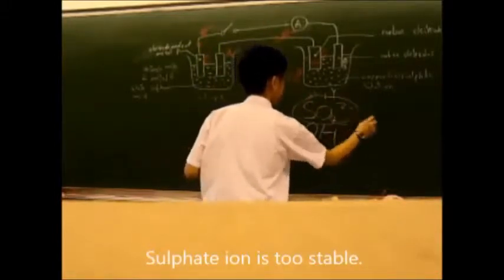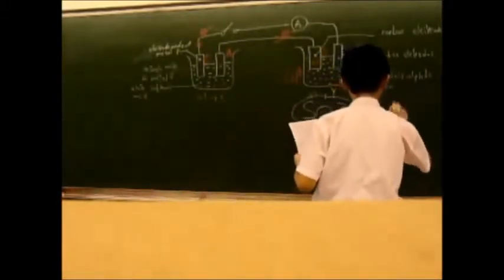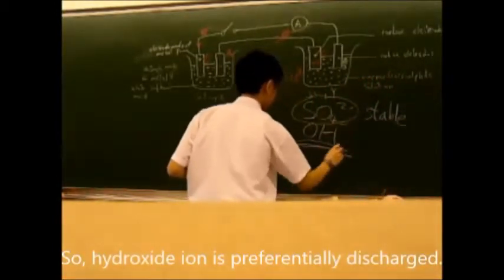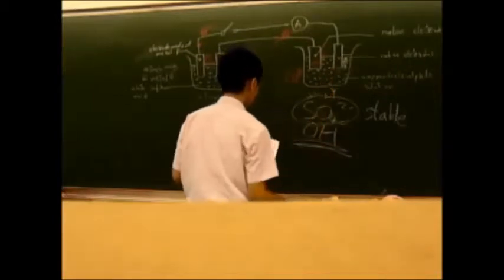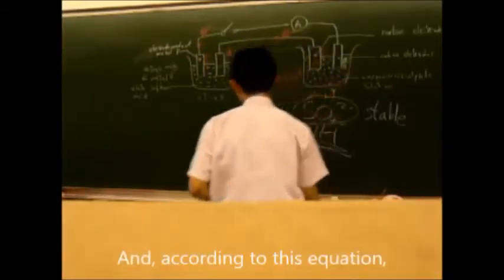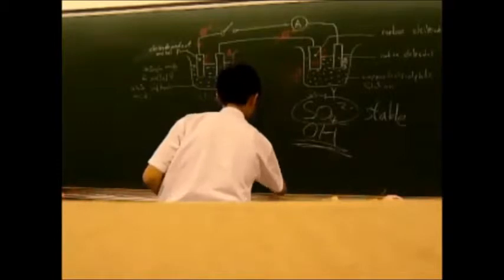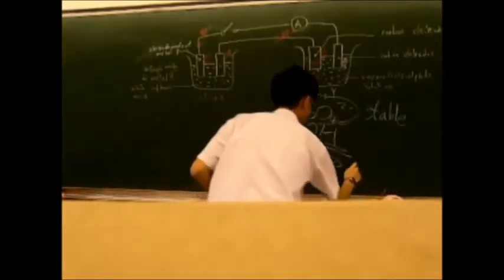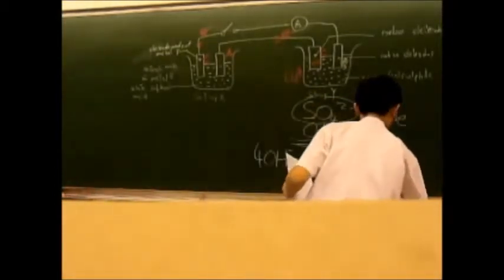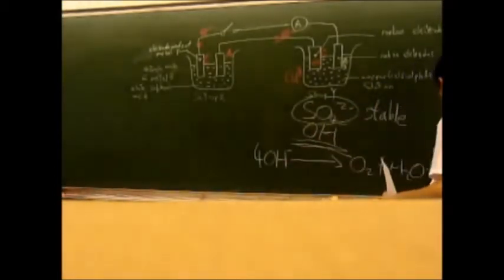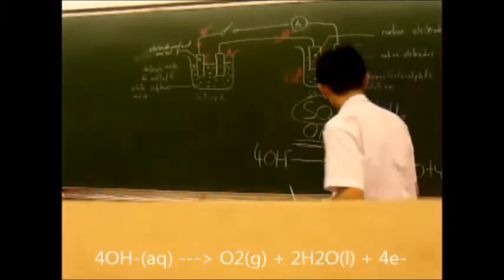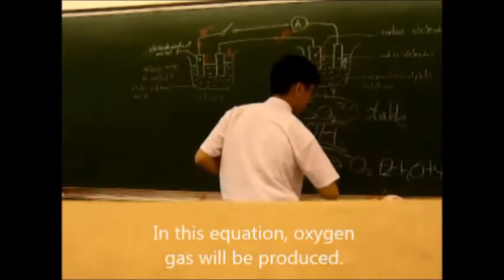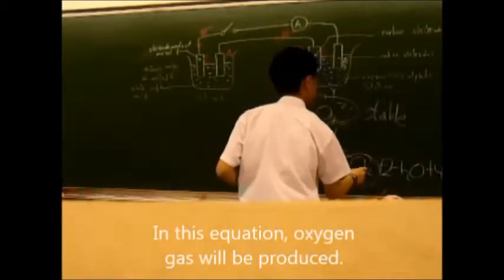Sulfate ion is at a higher oxidation state. So, hydroxide ion is preferably discharged. And according to this equation, oxygen gas will be produced.